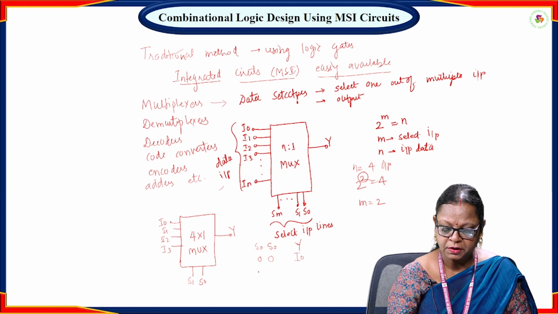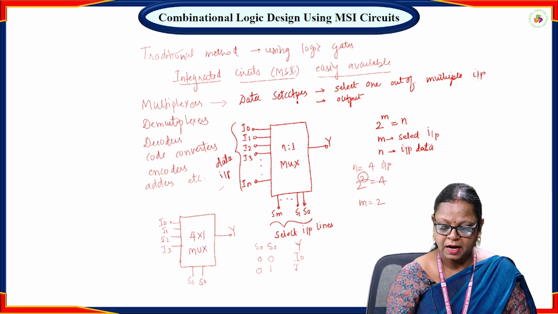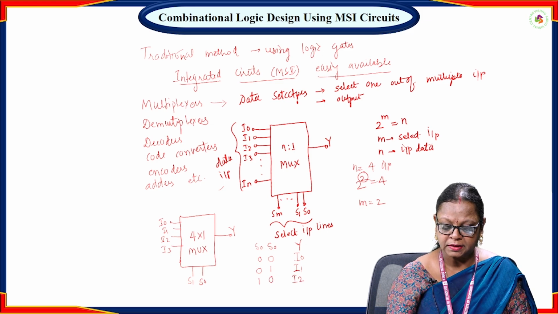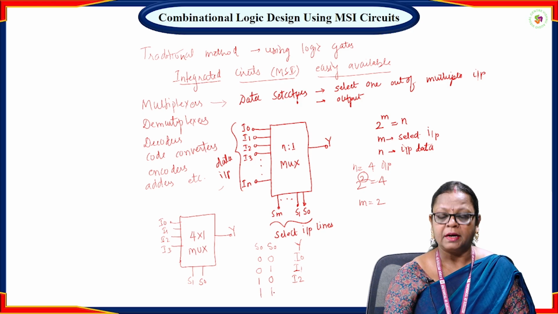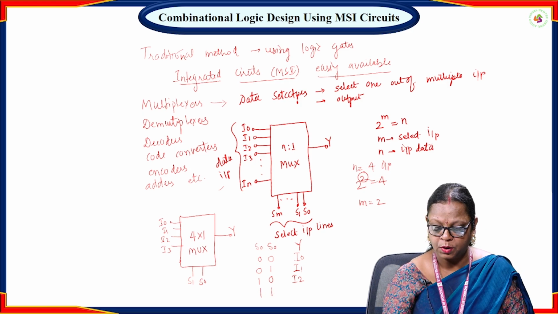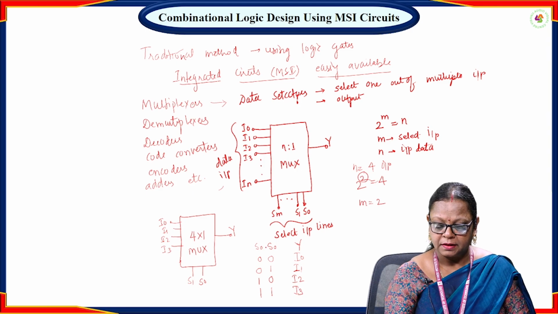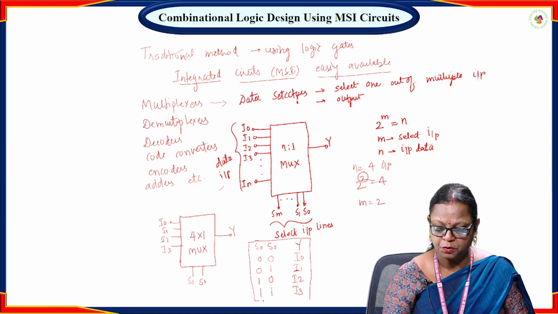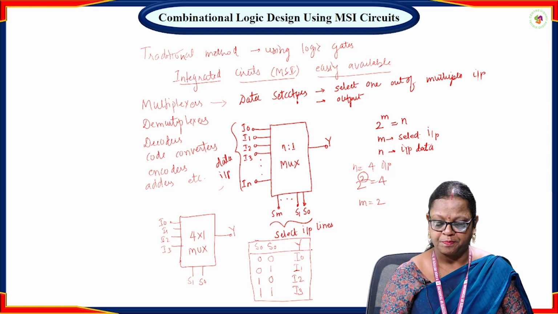If the select input is 0, 1, it selects I1. If the select input is 1, 0, it selects the data input I2, and when S0, S1 are 1, 1, it selects I3. This is the truth table for this 4 into 1 MUX.